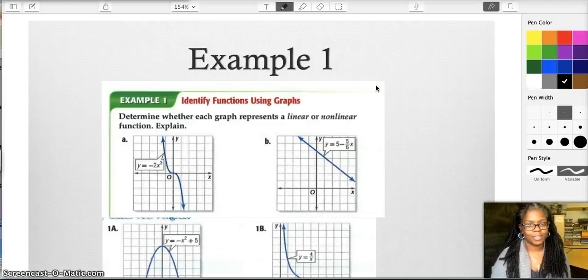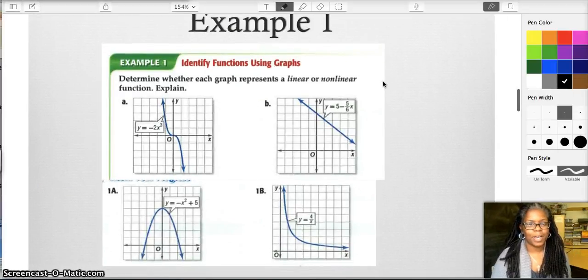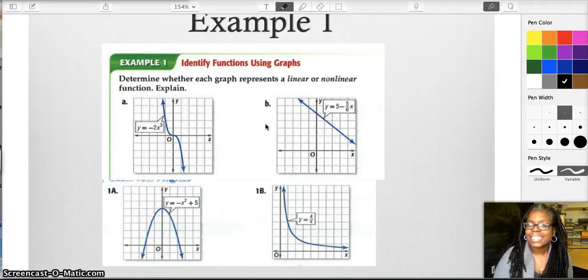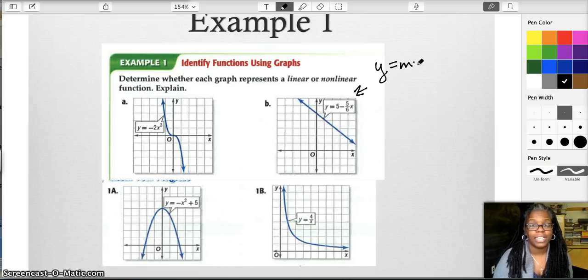Let's get started. In example 1, we have several different graphs, and we're going to determine if each is linear or not. This first one is kind of easy because here we have a line, and that's linear. One trick about linear equations that I want you to see is that all linear equations can be written in the form y equals mx plus b, where m is the slope and b is the y-intercept.